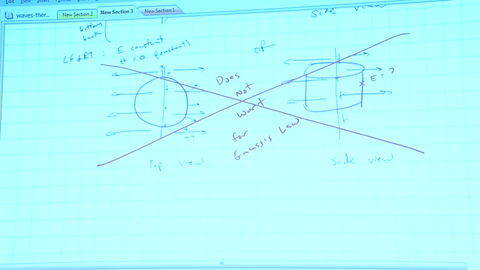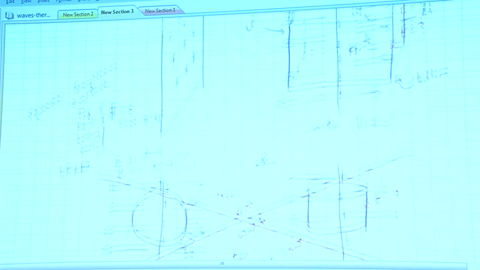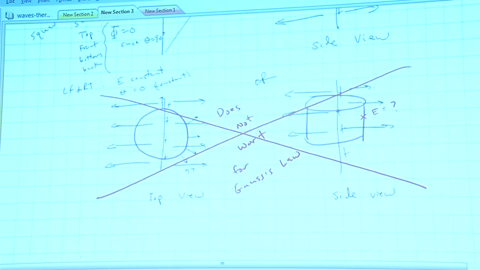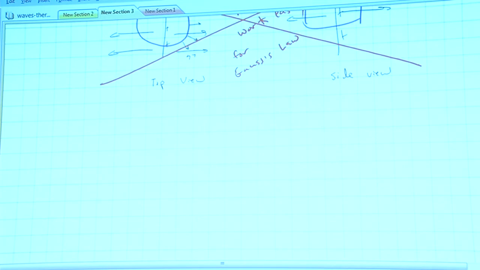If you really wanted to do a hard integral, you could use this orientation for your Gaussian surface. But our point is we're trying to make it easier for ourselves. Okay. So, maybe does not work easily. That's okay. Does not work easily for Gauss's law. There we go. That's better. More accurate. Okay, so how would we do it?